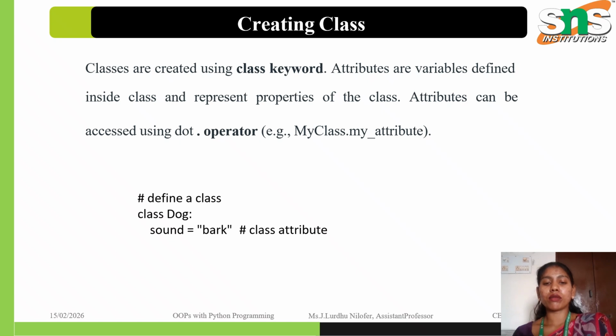Then an example of defining a class. Class is a keyword. Dog is a class name. Then sound equals bark. Bark is a class attribute.